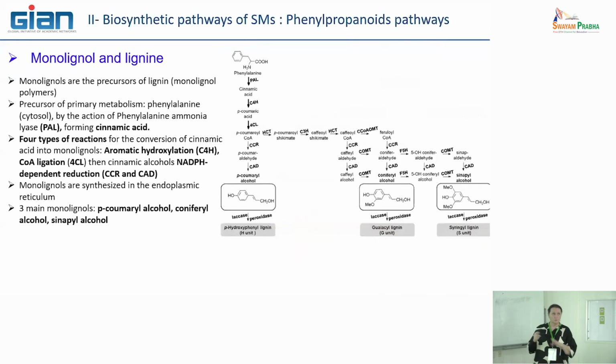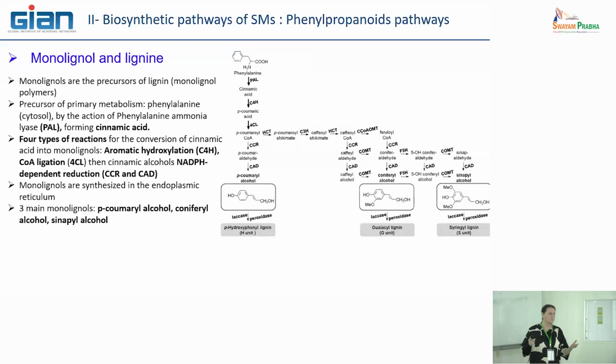So as you now have this large scheme of the pathway, what happens with this specific molecule, lignin? Lignin is a polymer of several units of monolignol. Monolignols are phenylpropanoids that are not unique. There are different types of monolignol, and it is the assembly of these monolignols that leads to lignin.